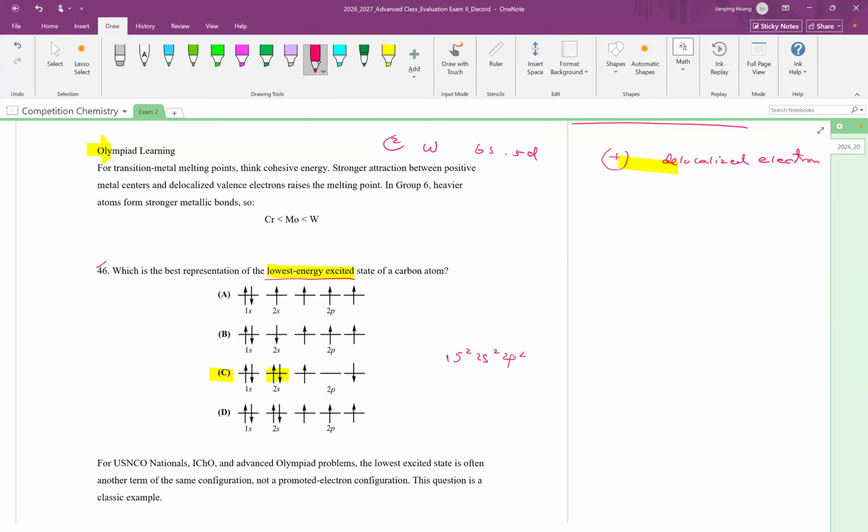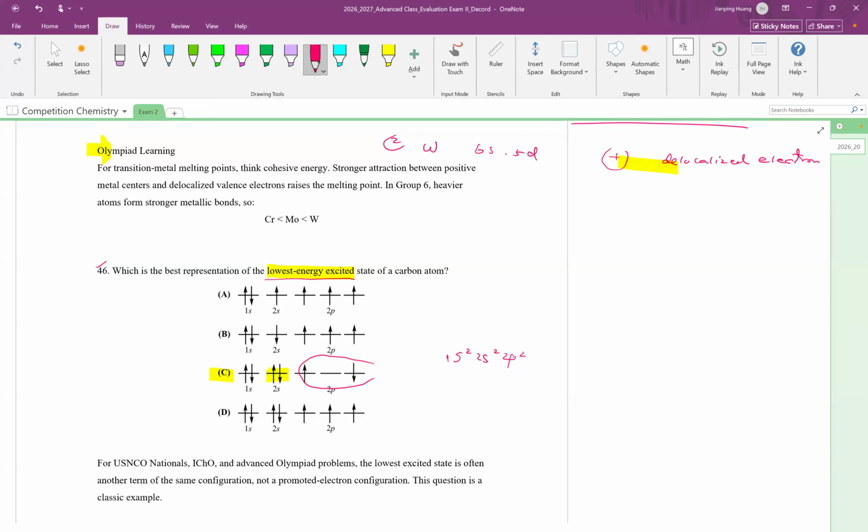But you change the spin. You change the spin arrangement so that you give a higher energy singlet state. That's the one. Repeat. This is an excited configuration. Okay.